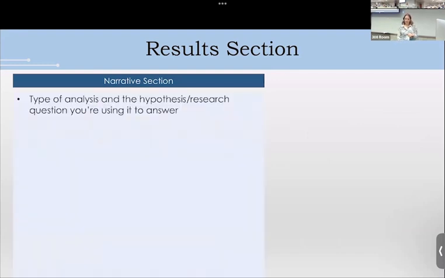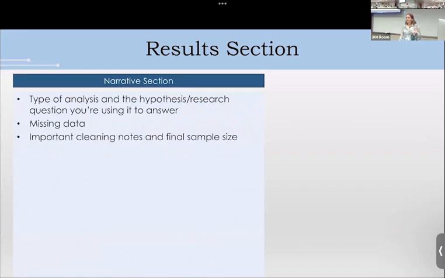In the narrative section: what you ran and why you ran it. Any missing data and what you did about it. I don't think that's going to be an issue; you can just say there were no missing data. Any important cleaning notes and the final sample size. So, I removed X outliers, or I removed no outliers. Final sample size was blank.